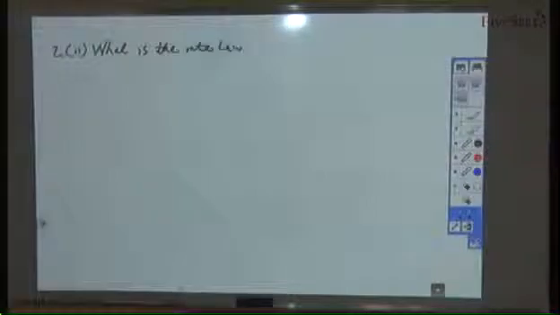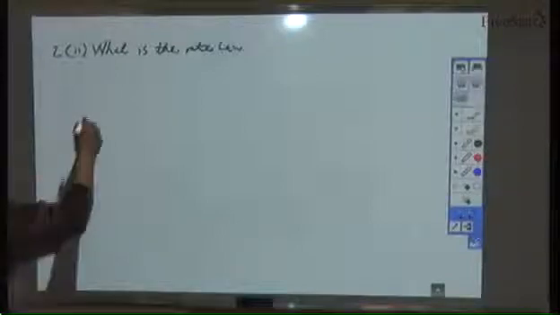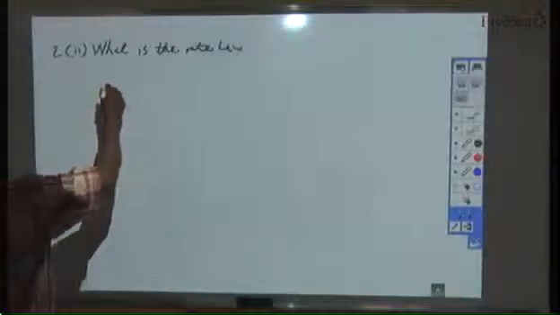Since it is a first order reaction, the rate law for any first order reaction is this.